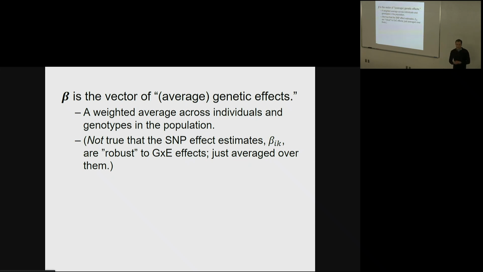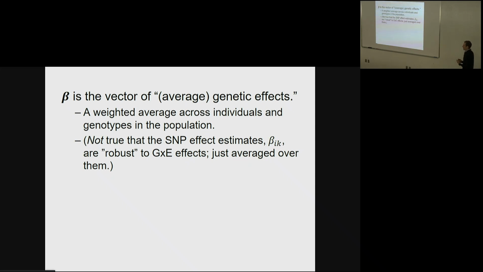It is true that if you have a SNP that has no effect on average across different environments, but happens to have a positive effect in some environments and a negative effect in other environments, you won't detect that SNP in a GWAS because the average is zero.